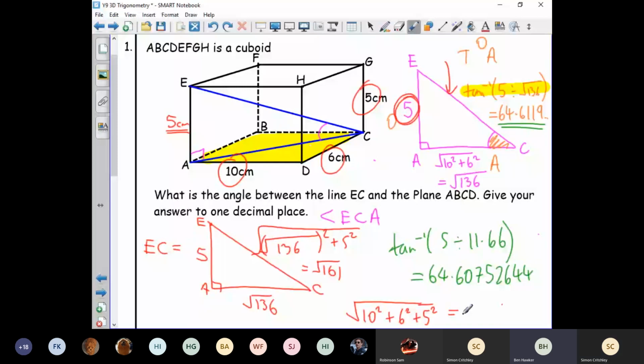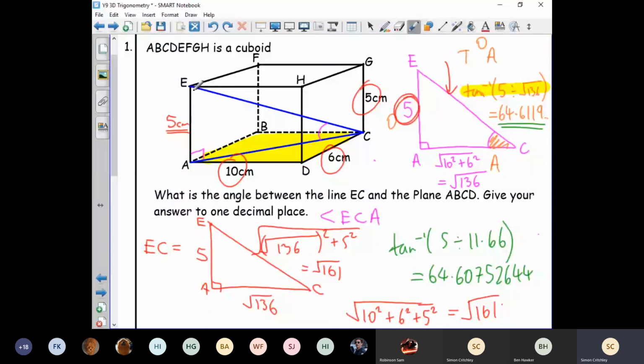Yeah, saying the same as before. Hopefully people are noticing that it's the same as before. And this is quite nice because you don't have to use Pythagoras twice to work out the diagonal directly across the middle of a cuboid.